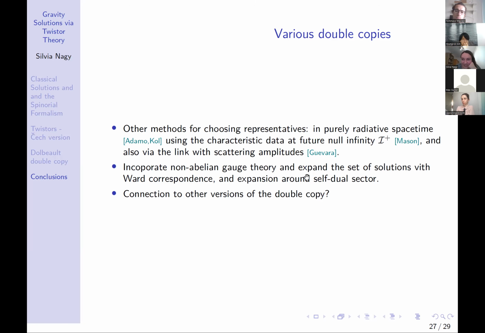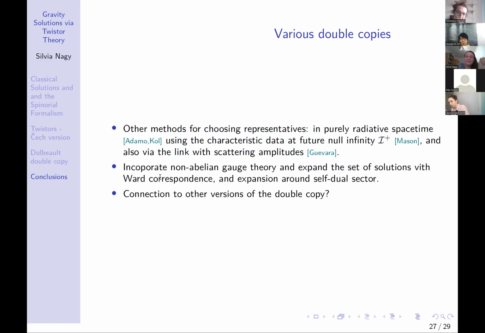And because I'm trying to keep to the 45 minutes, I won't say much more except two directions for future work. As you've seen in all that I've shown until now, as is often the case when we look at exact classical solutions, we were working with Maxwell fields.